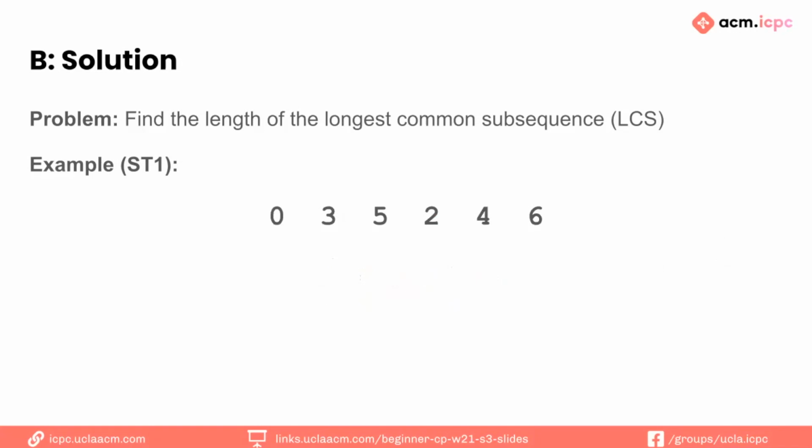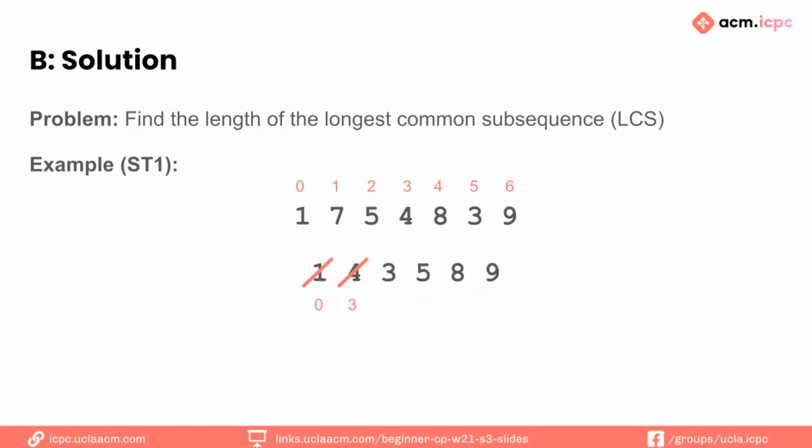How do we know it's the longest? Right, so if we go back to here, we have a subsequence 1, 4, 3, 5, 8, 9. And what we're trying to do is find the longest subsequence within here that also appears within here.